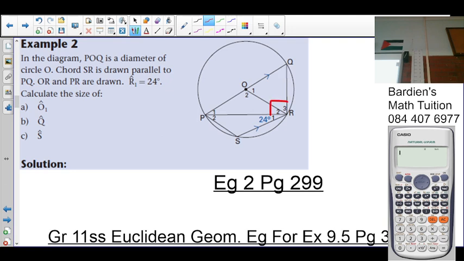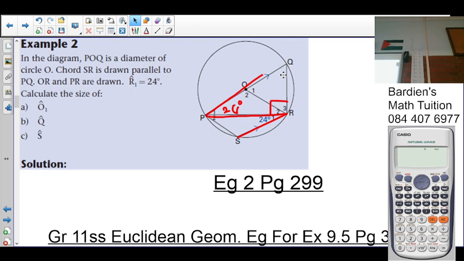R1 and R2 is R2 and R3 is 90 degrees. Why? Angle in semicircle. Chord SR is drawn parallel to PQ. What do we know then? We can use alternate angles. So P1 is 24 degrees, as you can see. Can you see that? Alright. And you can use co-interior if needed. There are no corresponding angles.